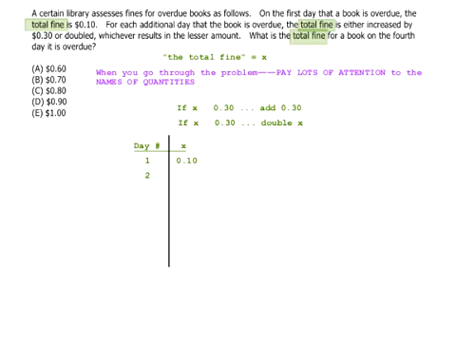Sorry about that. So that should actually be, that's what you do if it's more, and that's what you do if it's less. So we double it, that gives us 20 cents. Day 3, we double it again, 40 cents. Day 4, what do we do? You add 30, and you're done, and it's 70 cents. Yes, that's all you got to do.